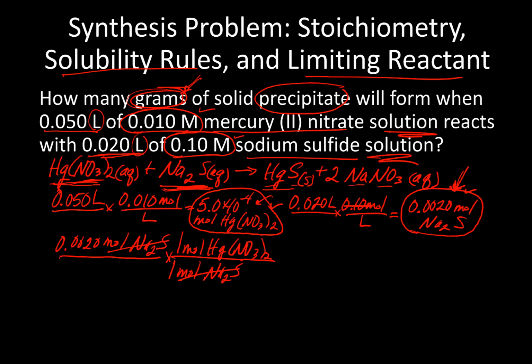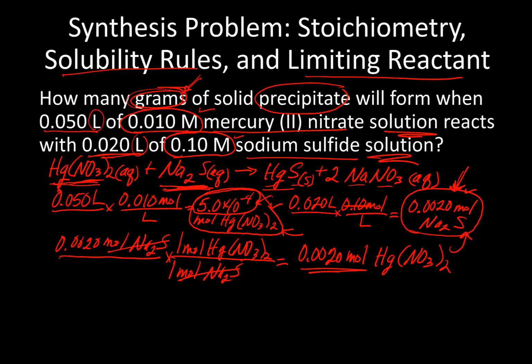Moles of sodium sulfide cancel, and I have 0.0020 moles of mercury nitrate needed to fully react with this amount of sodium sulfide. I don't have that much. I've only got 5.0 times 10 to the negative 4. That's smaller than this number. So that tells me that mercury nitrate is my limiting reactant.